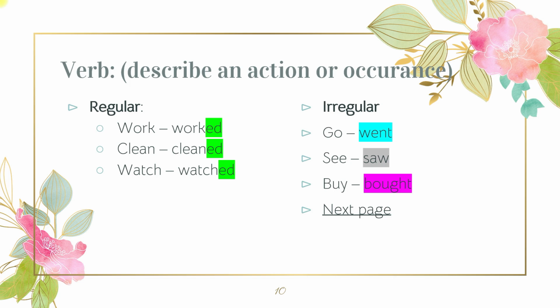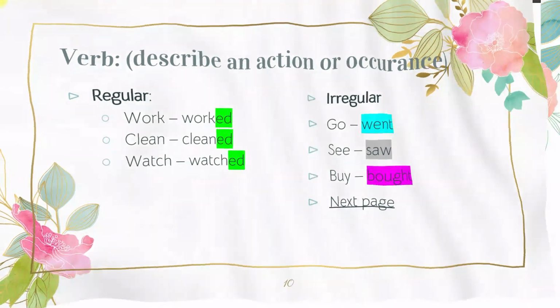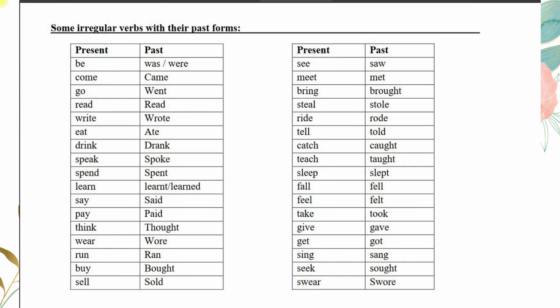So the very initial step that you need to take with irregular verbs is that you have to observe the word, recognize it, and memorize that these are irregular verbs and these are their forms. Like the word go changes into went, see, saw, buy, bought, and many others that you need to learn. This is a sample that you can review.